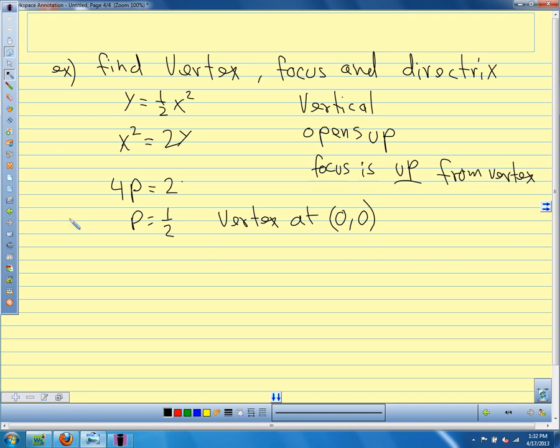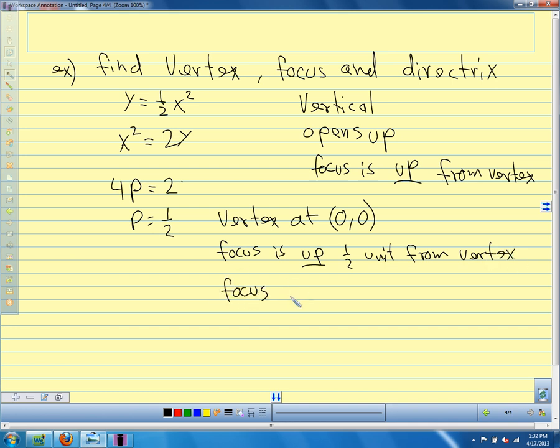Our focus is going to be up from the vertex. So we're going to move up 1/2 unit, p units up from the vertex. So the focus is up 1/2 unit from the vertex. If I move 1/2 unit up, the focus is at 0, 1/2.